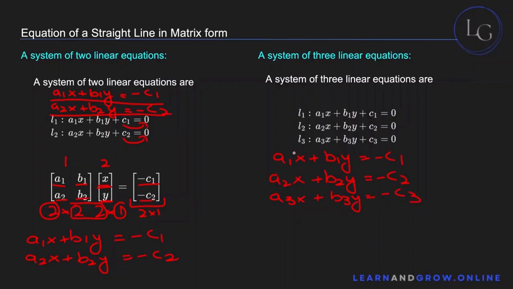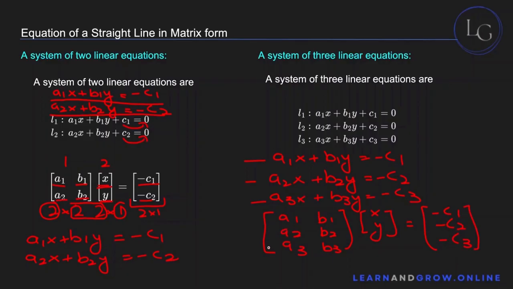Now again, the first matrix will have simply 2 columns, but in this case 3 rows. So A1, A2, A3, B1, B2, B3. They will be multiplied with the variable matrix x, y, right? That will be equal to minus C1, minus C2, minus C3, this matrix.